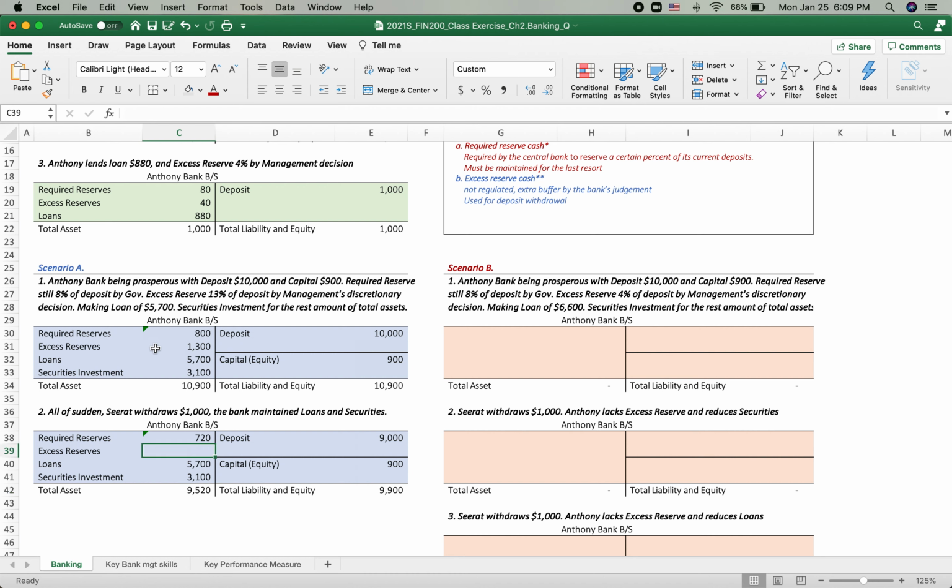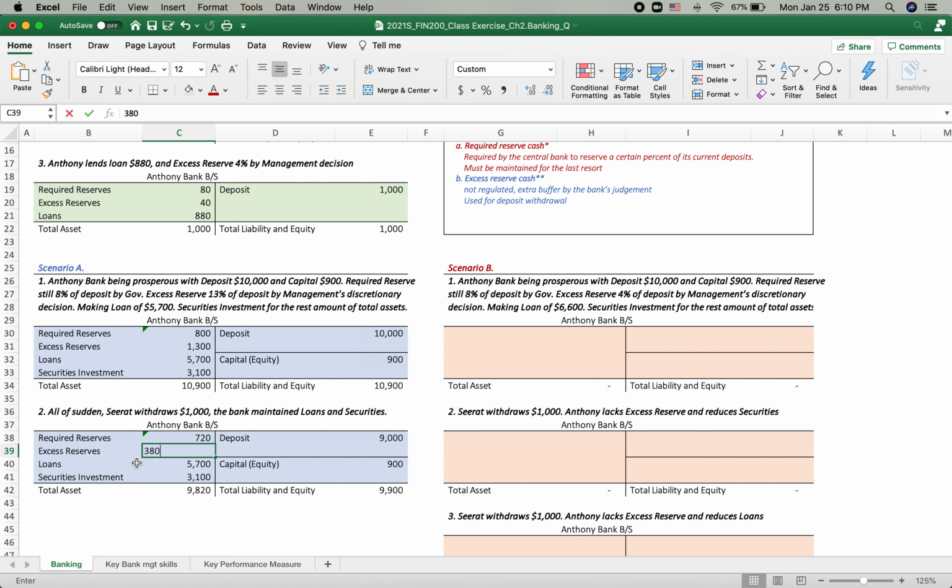So you have to remember the answer is not $1,300 minus $1,000, which is the withdrawal. If we do it like this, the total asset is not the same as total liability. Because by the amount this deposit was reduced, the required reserve also reduced. So the excess reserve is not 300, okay?